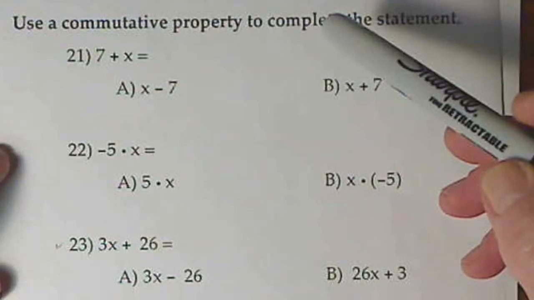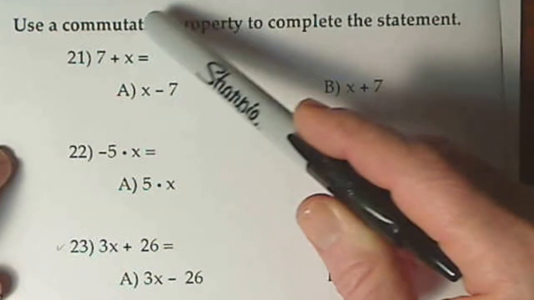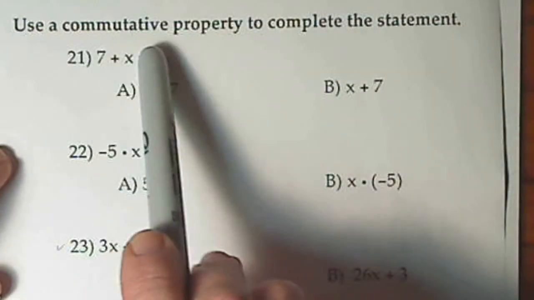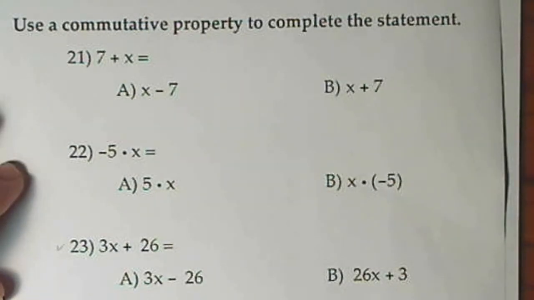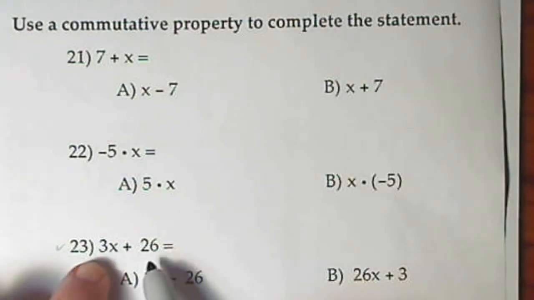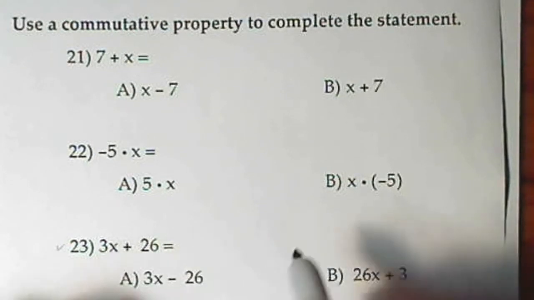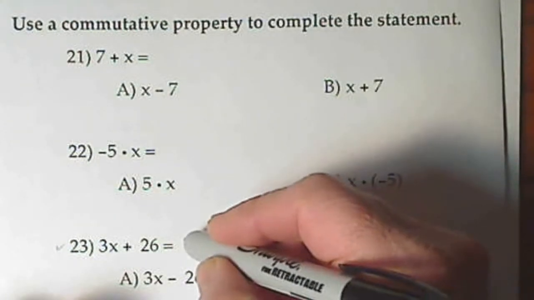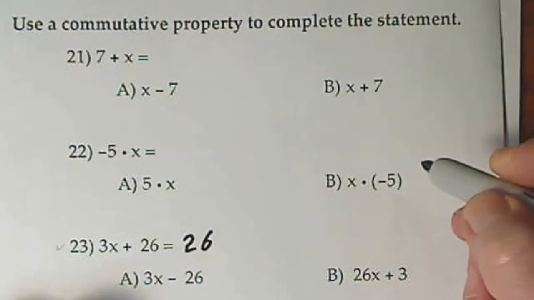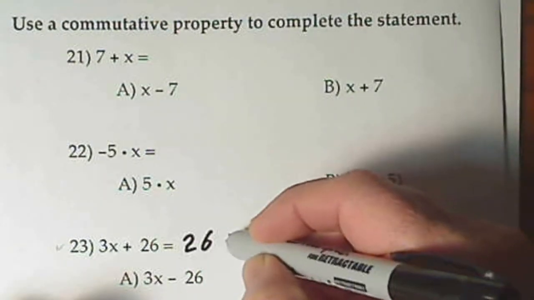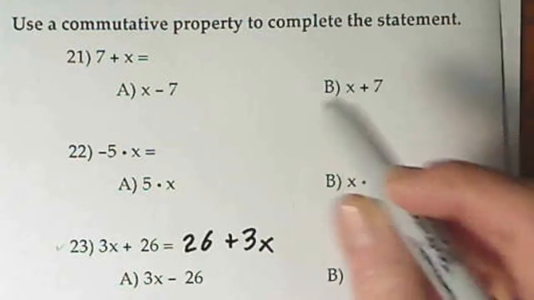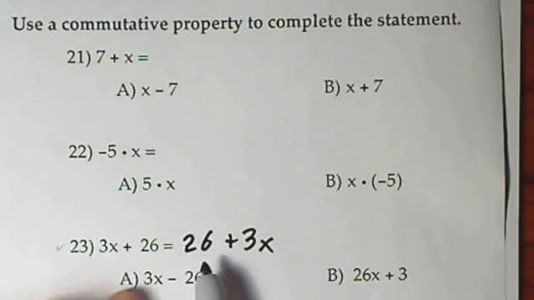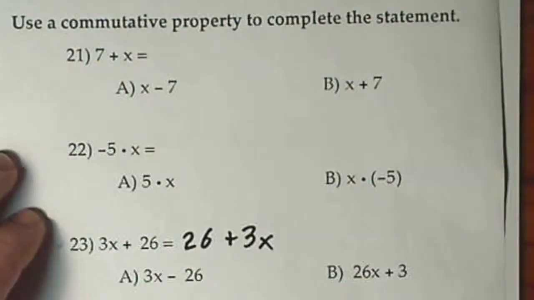Remember, to commute means to move. So the commutative property, things move. On this side of the equal sign, we have 3x plus 26. On the other side, we'll have the 26 show up first, and then plus 3x. So we use the commutative property right here.